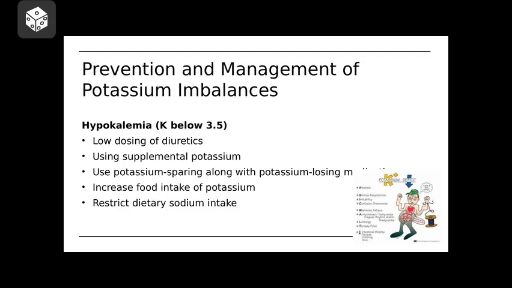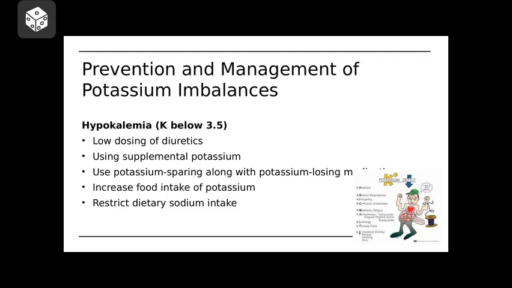So you'll see that potassium replacement to try to counteract the effects of the potassium wasting diuretics. You may see a combination of a potassium sparing and a potassium wasting diuretic to try to even it out, so they can use low doses of both to keep an even potassium level.